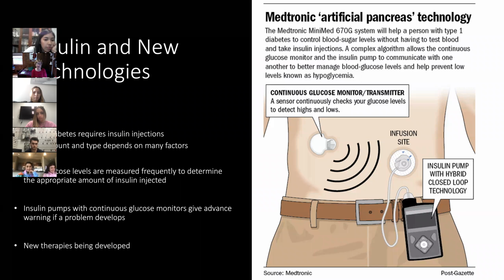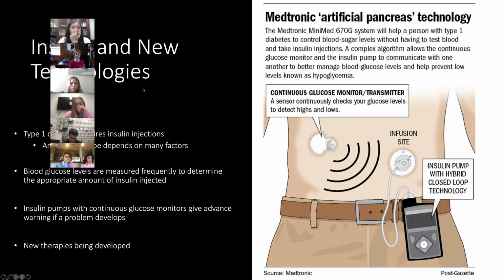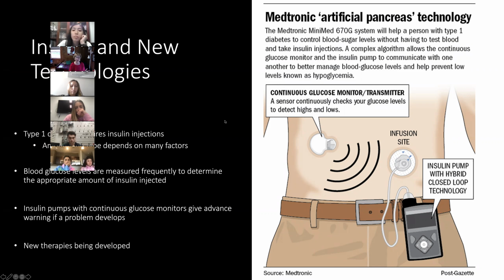Well, I remember him telling me, and there was a clinical trial on beta islet cell transplants, and he wasn't able to get to it, but what was happening was that cells from a pancreas that had been working could be transplanted into a type 1 diabetic, and it did seem to work, but it worked for a while, and then it stopped working. And I just couldn't imagine what was worse, having it work for a while and then stop working, so that you knew what it was like to not need exogenous insulin, or to have never known what it was like to not have to take insulin. But these are some of the things that are being worked on.